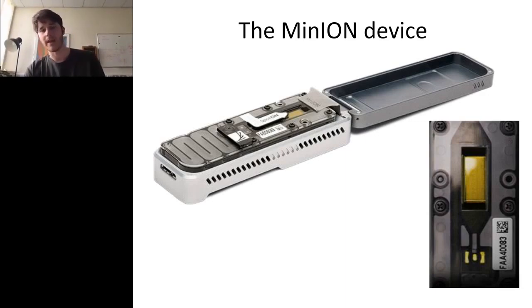The way that it works is you connect this to your computer, you prepare what we call a DNA library, and then you drop your library onto the area here, which is where the tiny nanopores are, which read off the sequence of the DNA that you put onto the flow cell. I'll go into that in a little more detail in the next slide.